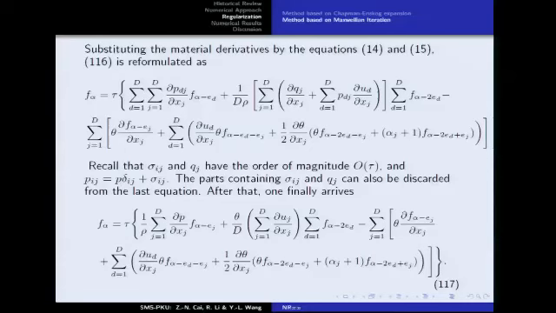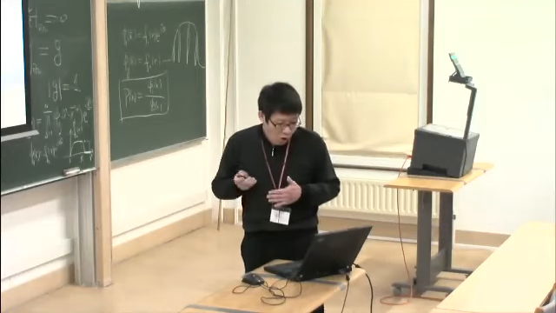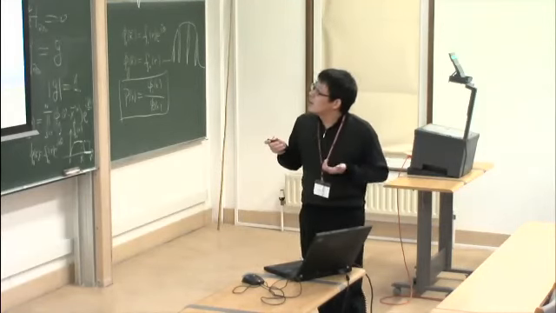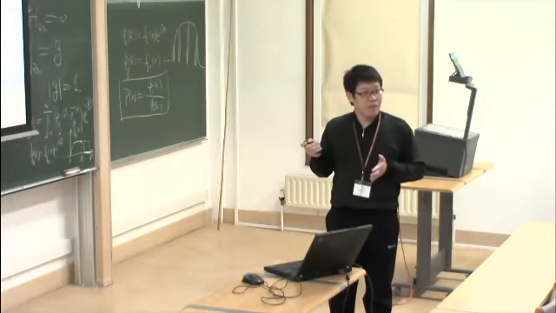Finally we throw those high order terms away, and at last we achieve this expression, and then we use this expression for all terms for alpha equal to m plus 1.